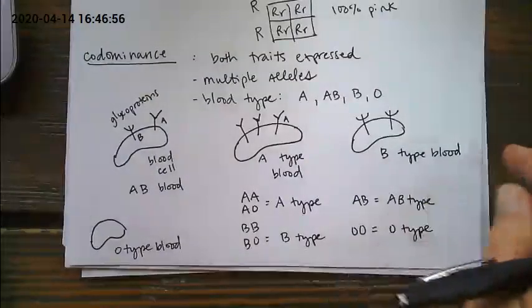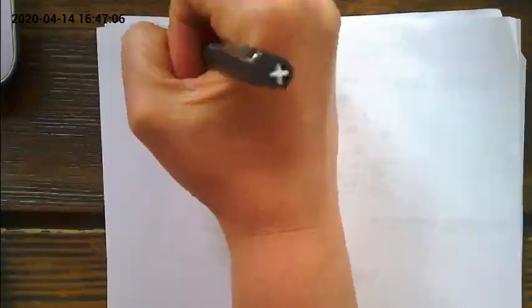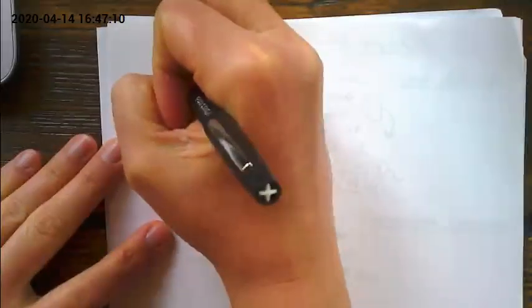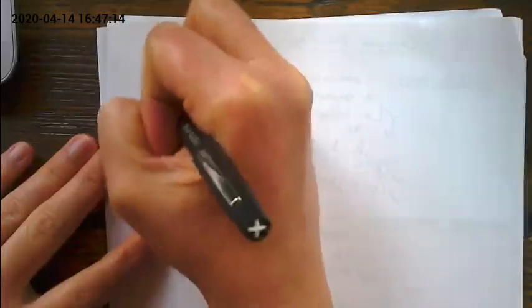So let's do an example cross. Let's cross AB with BO. If we do that, mom has AB blood, dad has B blood.